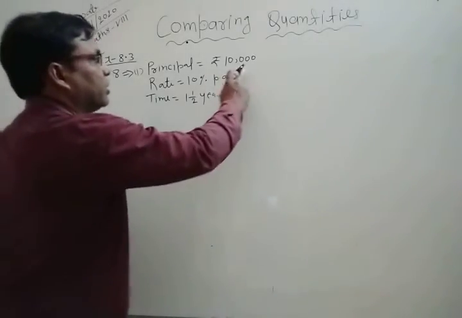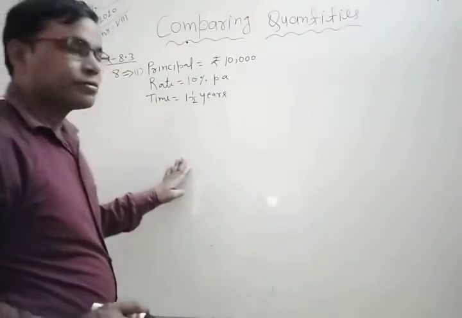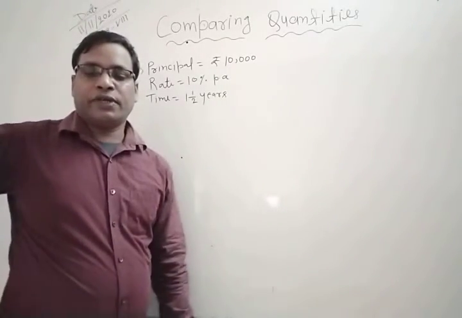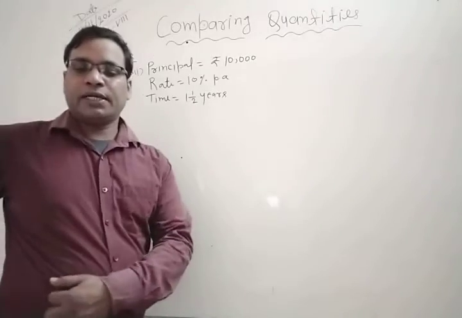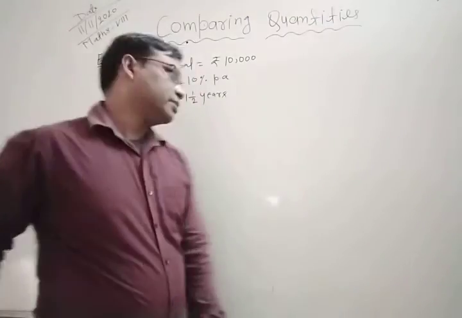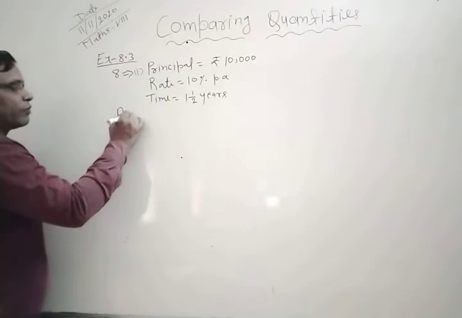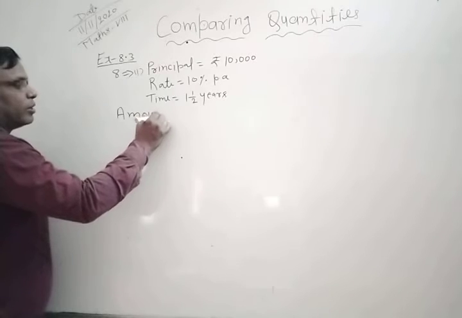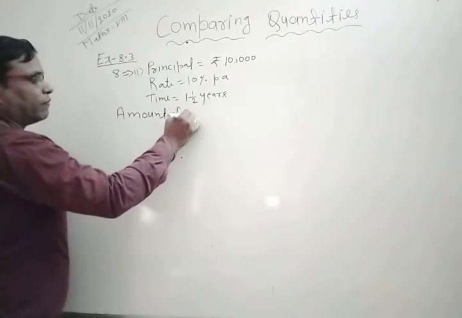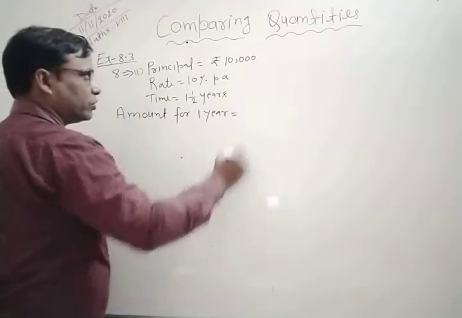So principal is 10,000, rate is 10% per annum, and time is given as 1.5 years. So first we find the amount for 1 year.